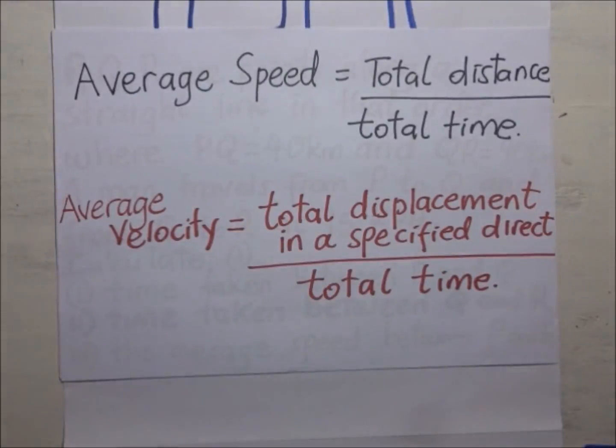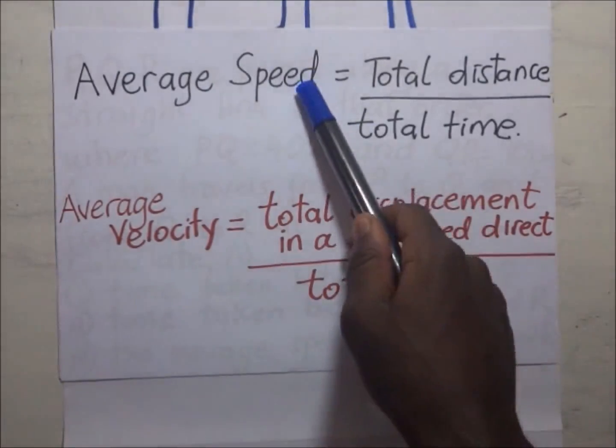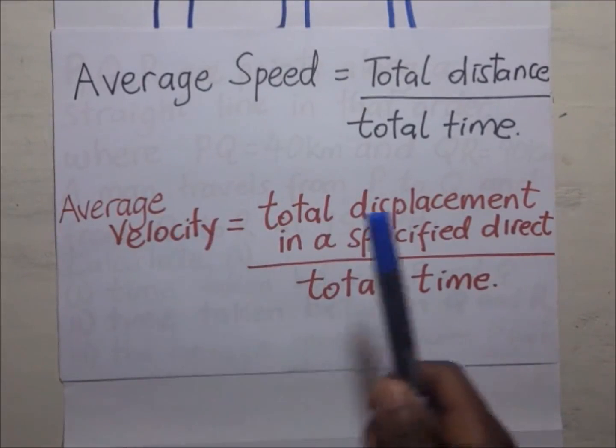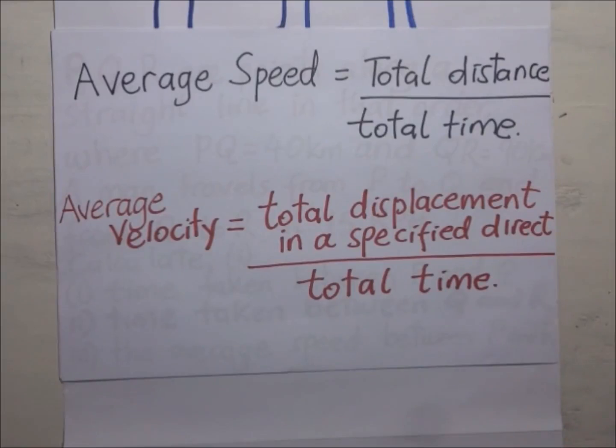Now, let me explain some theory here. When we are talking about average speed and velocity, though they have the same SI units, they are different because one is a vector quantity and the other is a scalar quantity. Just to take us back to our theory, a vector quantity is a physical quantity that has both magnitude and direction.